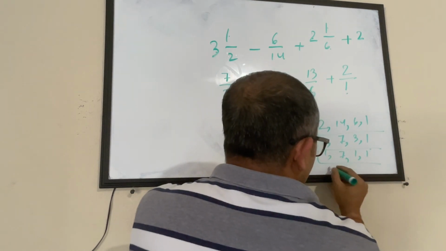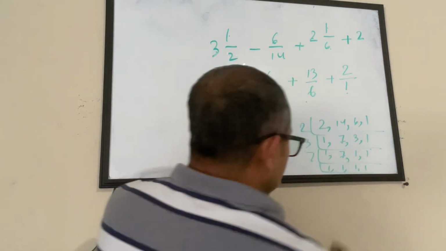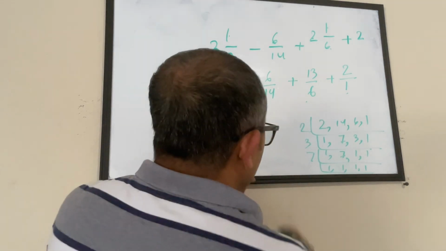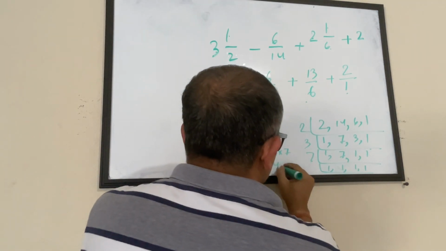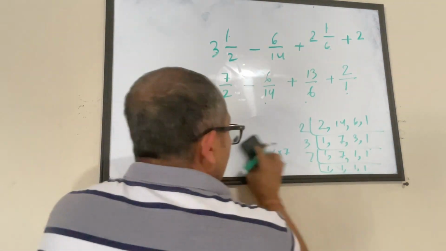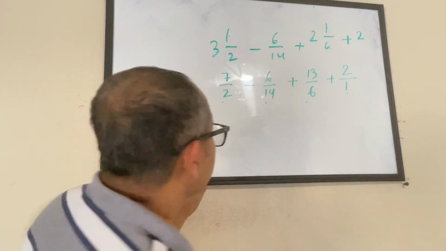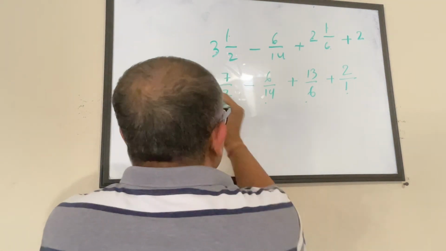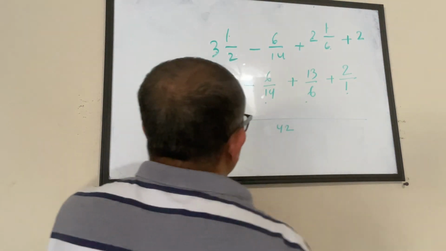Now 7, 1, 7 1s is 7, 1, 1. What is my LCM? 2, 3, 7. So 2 3s are 6, 6 7s are 42. So I got my LCM as 42. Whoever has solved it already, you can keep checking if whatever you have done is in line with what I am doing.